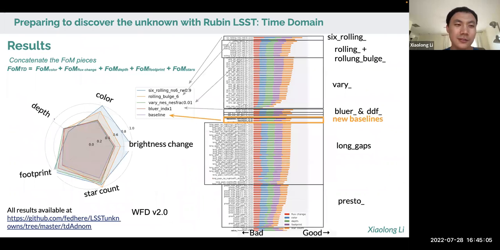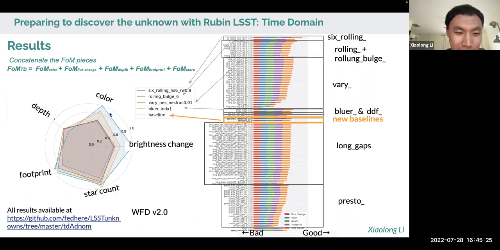Okay, from the results considering only the time domain, we would recommend the rolling one, the six rolling. The strong rolling cadence ranked very high.